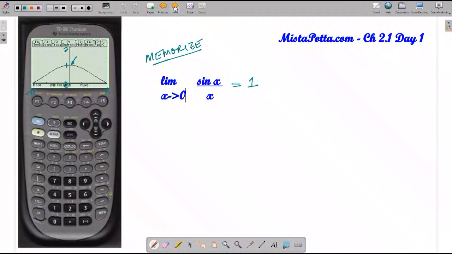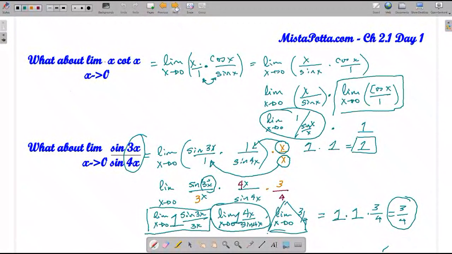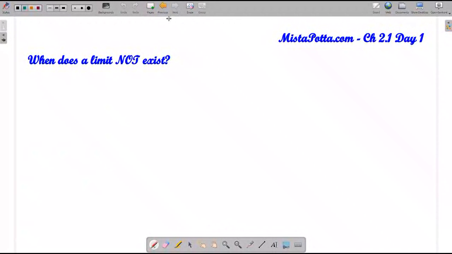The last thing I want to touch on today is, well, when does a limit not exist? There are a couple of situations that we've seen before where a limit does not exist. I could have a situation like y equals 1 over x. This is our reciprocal function.